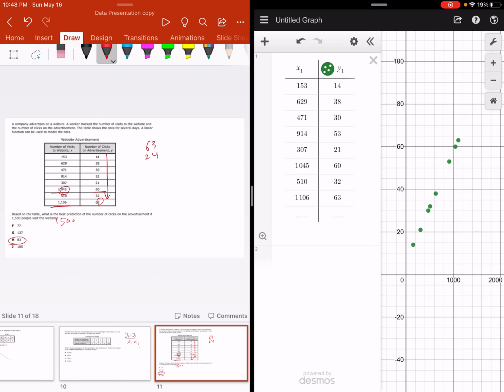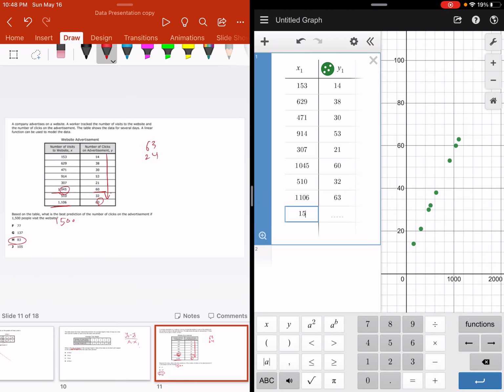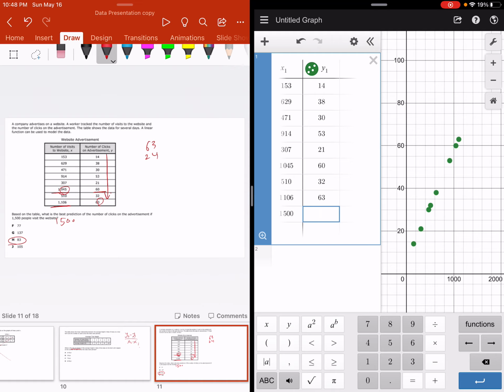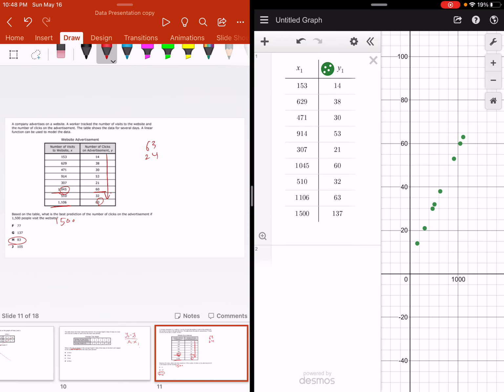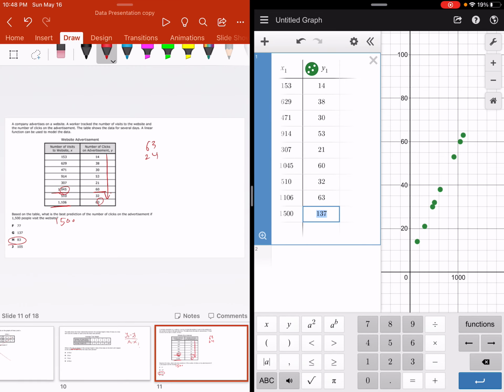So what you're gonna do is first put 1500 and put each one of them, 77. Is that gonna look like this? It's okay, but it's a bit too off, I think. 137, you don't even see that, it's way up there, so it's not gonna be 137. What about 83?